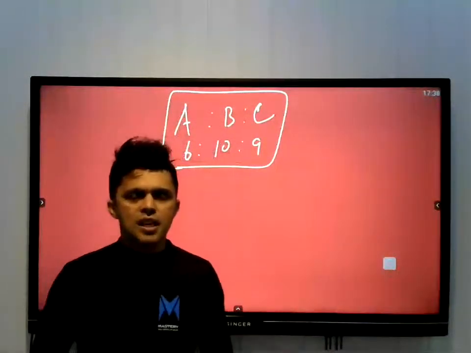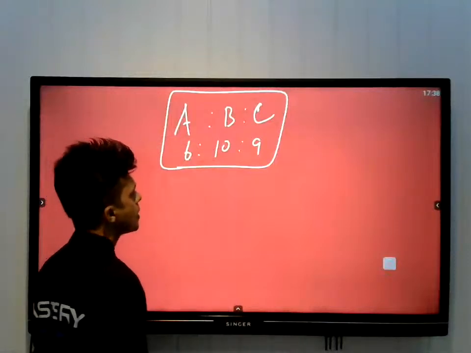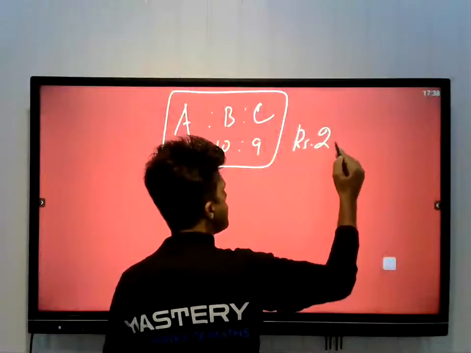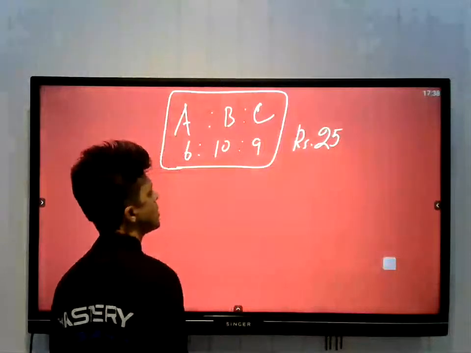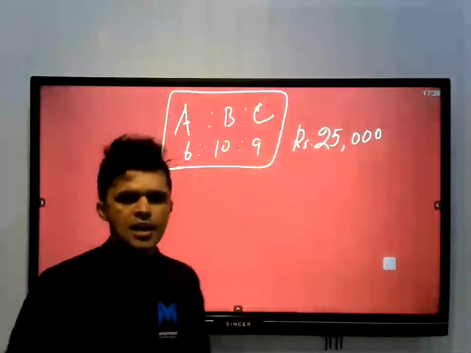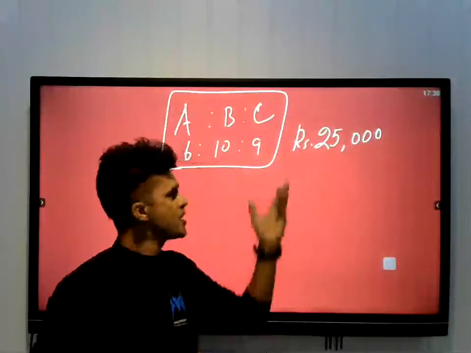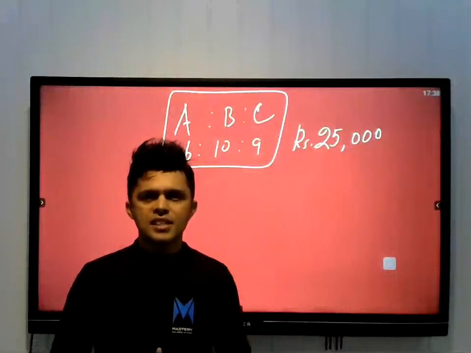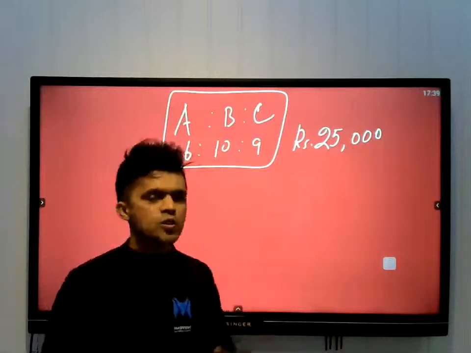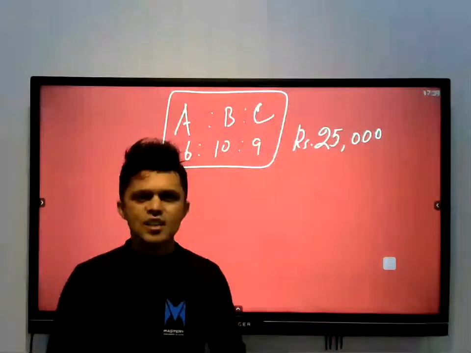We need to learn what is given. It has been given that at the end of the year, the profit of the business is 25,000 rupees. 25,000 rupees is the profit of the business at the end of the year.